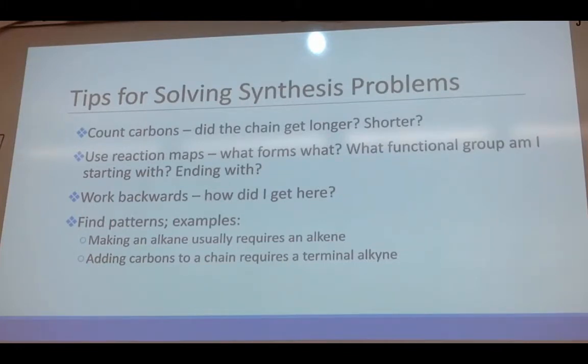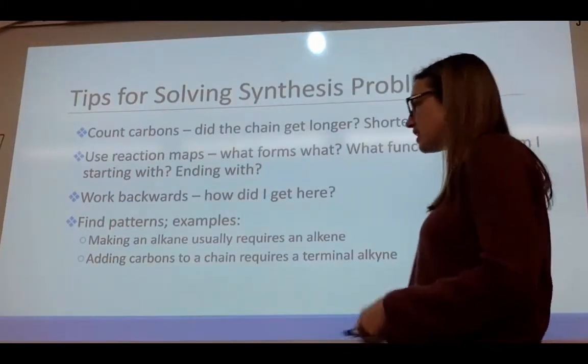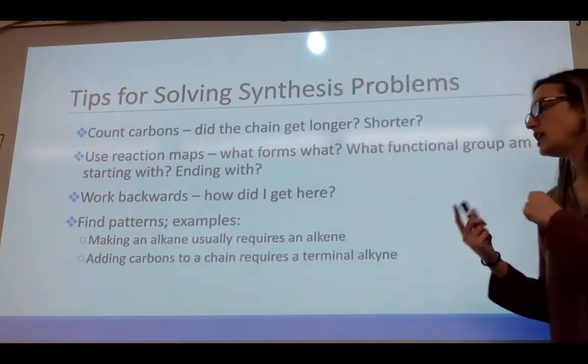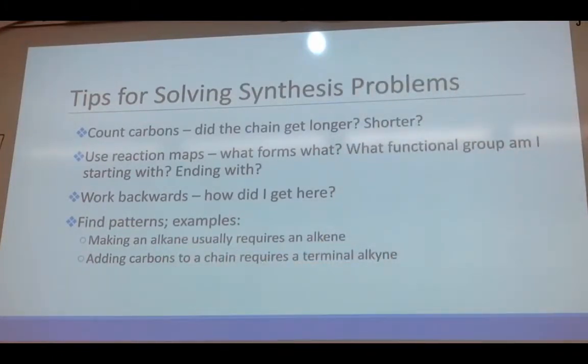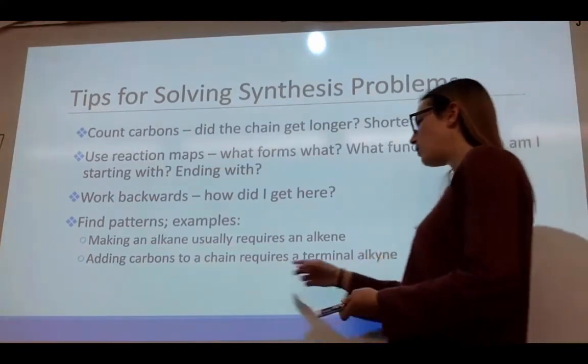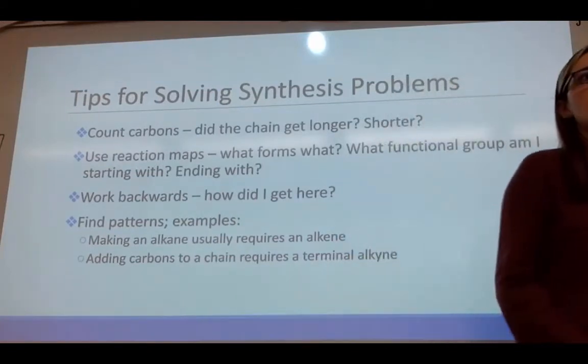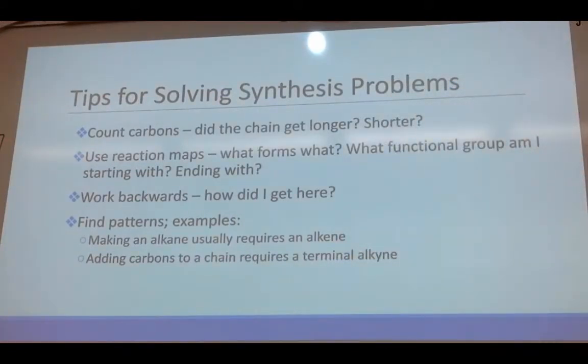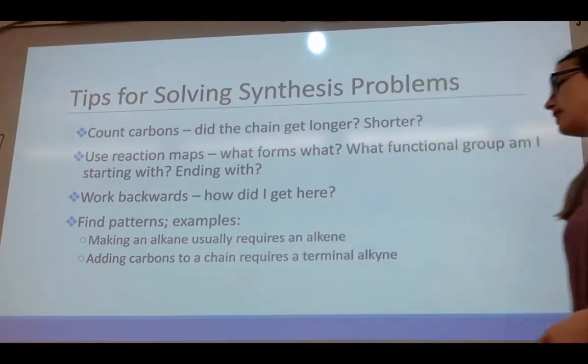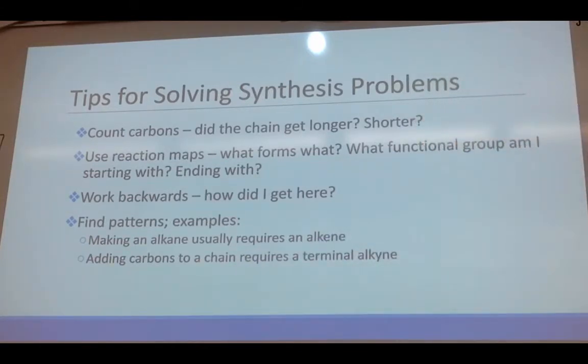If you're making an alkane, all single bonds, usually you start with an alkene. So if you're ending with all single bonds, you're probably going to start with a double bond. There's only one way you get an alkane from an alkyne, and that is complete hydrogenation. That's a single step, though. If you want to add carbons to a chain, you need a terminal alkyne.